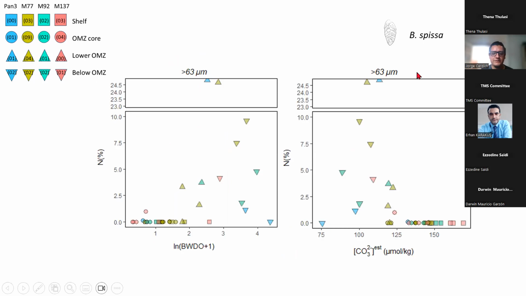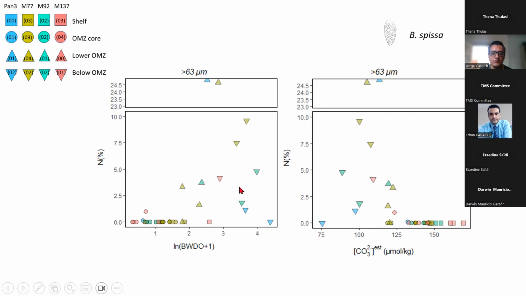And Bolivina spissa, I worked with it with the oxygen and the concentration of carbonate. Again, this species is not present in the shelf and the OMC core. It begins to thrive only in the lower limit, below the OMC.